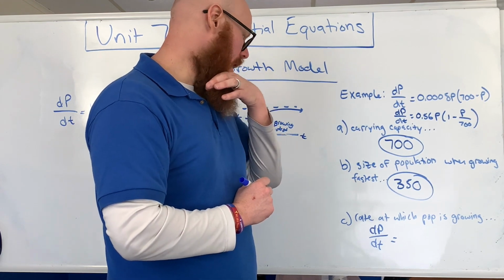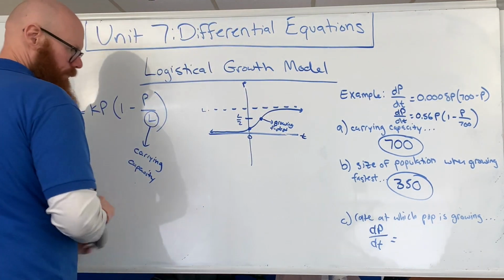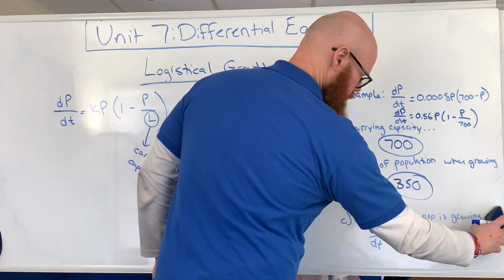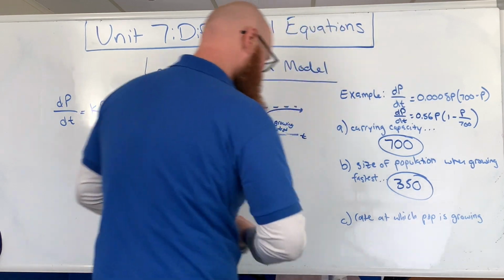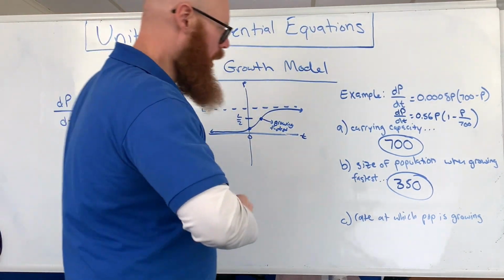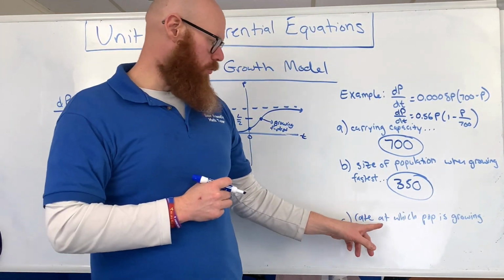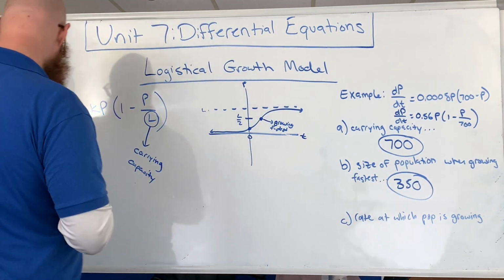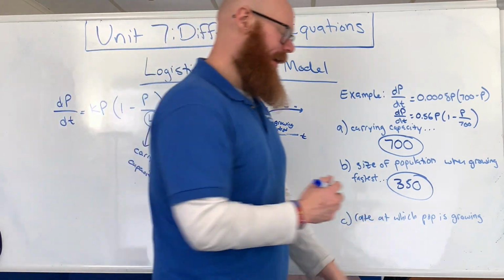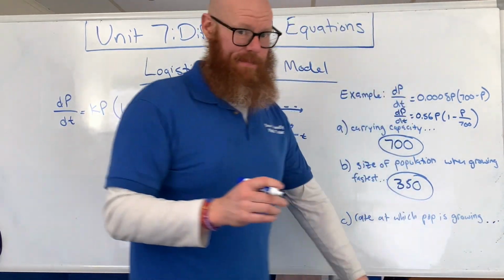Oh, wow, no, I actually made a mistake there. So it wants the rate at which the population, oh, no, I didn't. I did not make a mistake. All right, I overthought that.